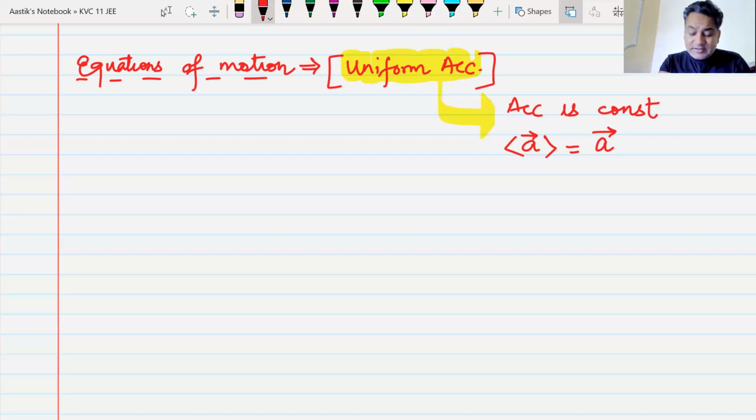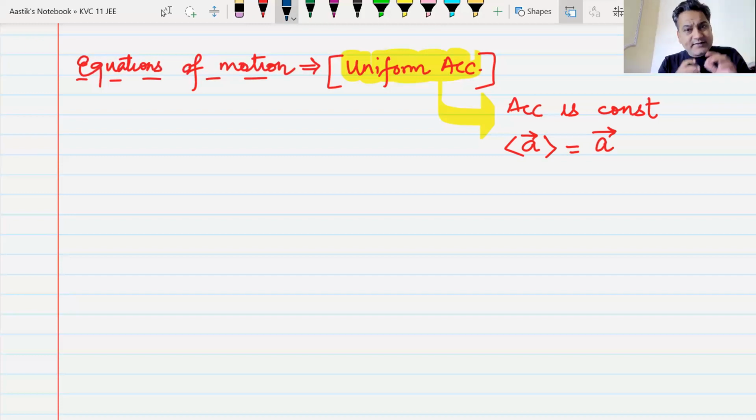Then there is a small thing that we can understand, and we will understand it while we write the equation. Now, we will write two types of equation. One type of equation are vector equations, which are valid whether the motion is in 1D, 2D, or 3D. Then we will write the equation not using vectors, but when we are not using vectors, the equation will be written for one axis only.